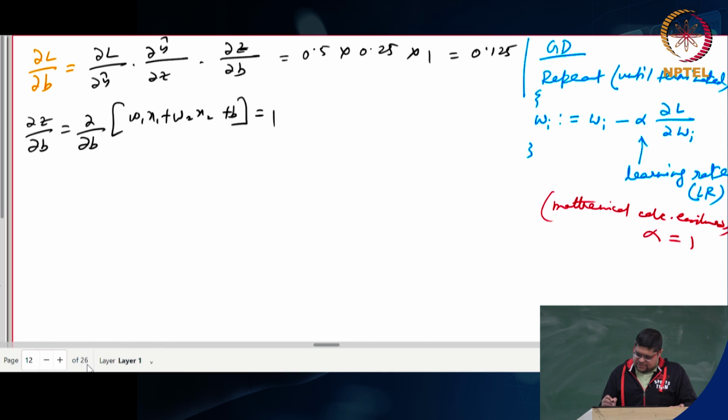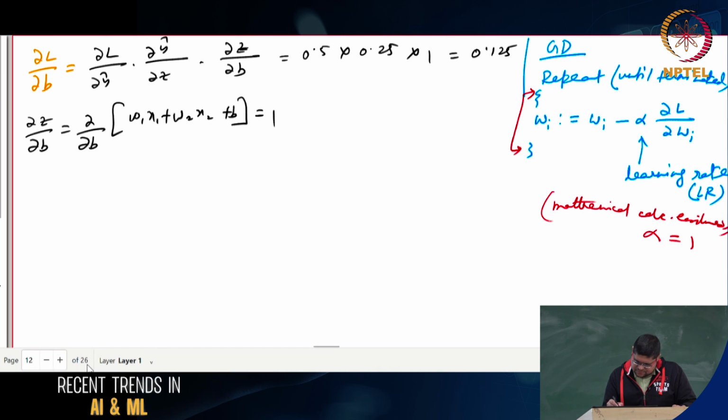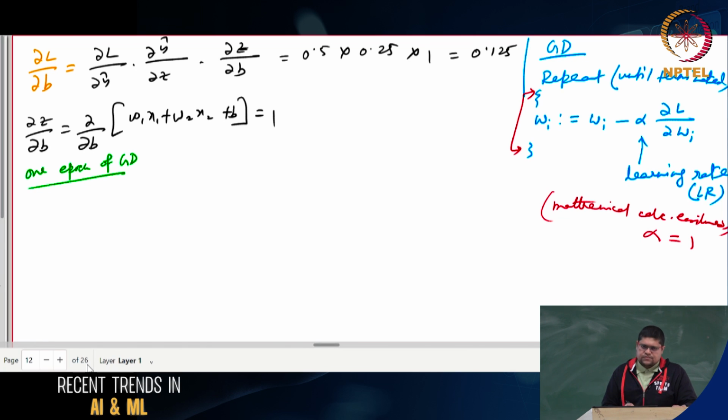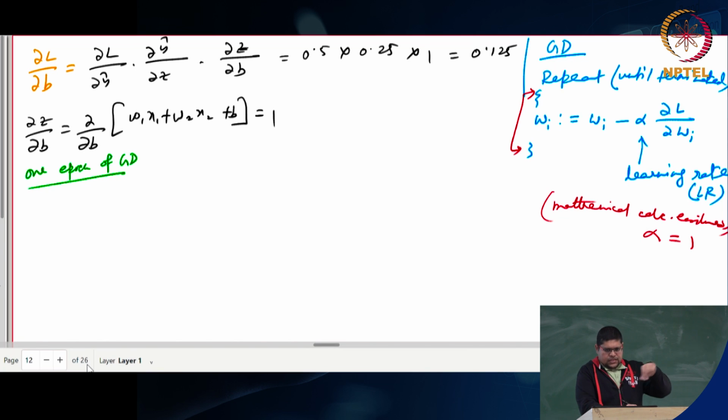So this is in some sort of a loop. Now one epoch of GD, not one iteration, so one epoch of GD.